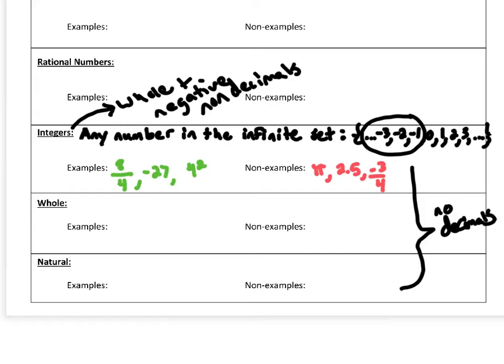So once again, if you look in green, you see some examples of numbers that are integers. Now, 8 over 4, although it looks as a fraction, simplifies to positive 2, and since that's not a decimal, it does fit in the integer category. If you look in the red, those values obviously include decimals, so they are not integers.